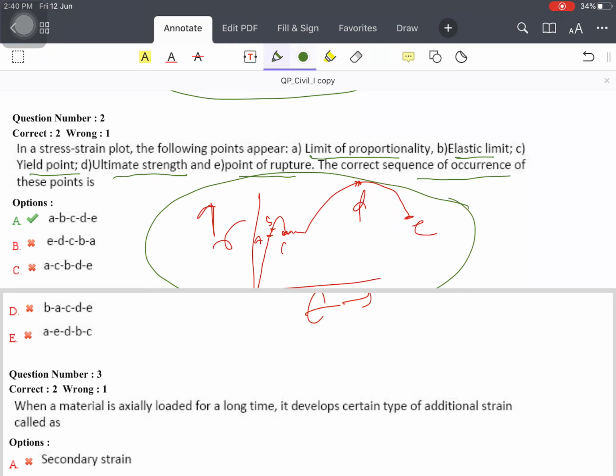As you can see, A is here, B is here, C, D and E. So limit of proportionality A, elastic limit B, yield point C, D ultimate strength, E point of rupture. So in this way we can arrange this.